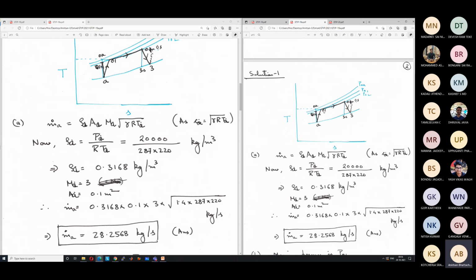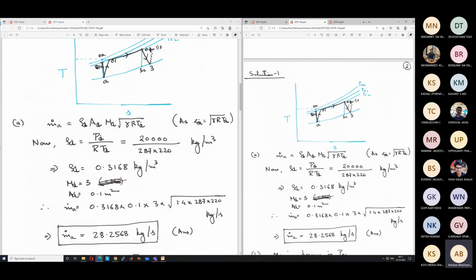First we will find T0A, because the relation between stagnation and static temperature is based on velocity. Velocity is already known, and the Mach number is known. Then T0 is equal to T01, so we can find T01. From T01 and TA, we can find T01S using diffuser efficiency.